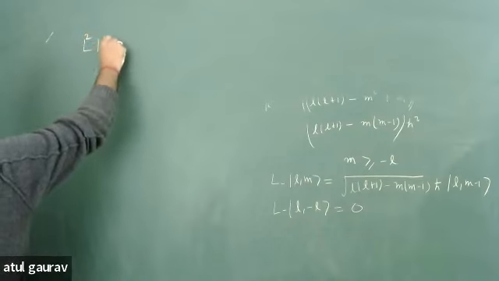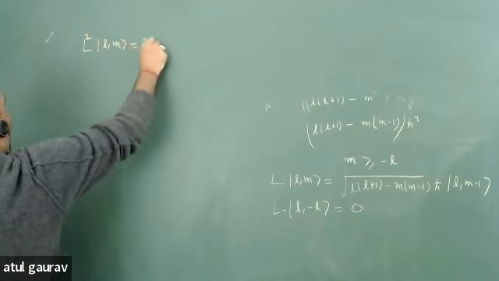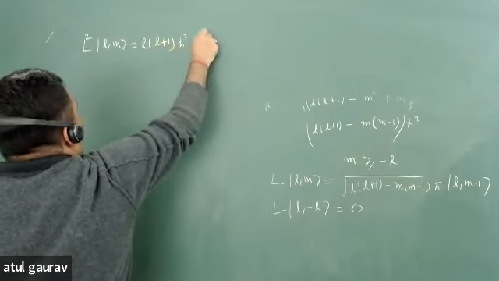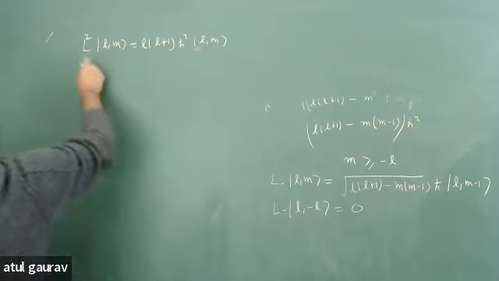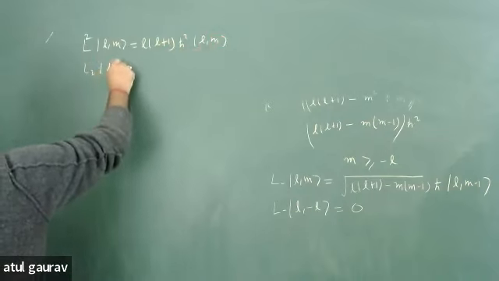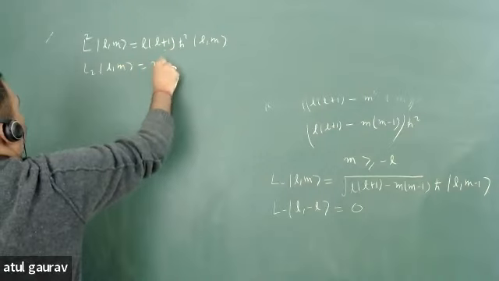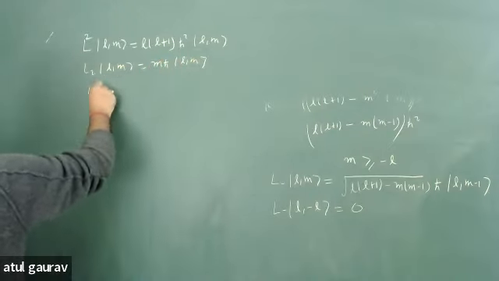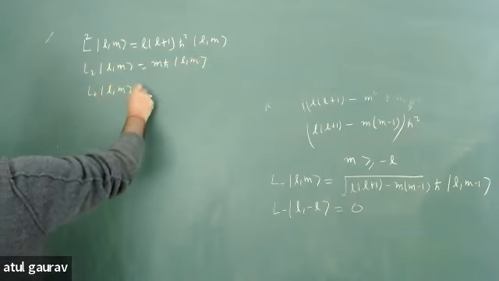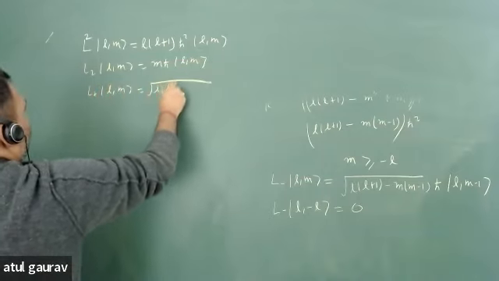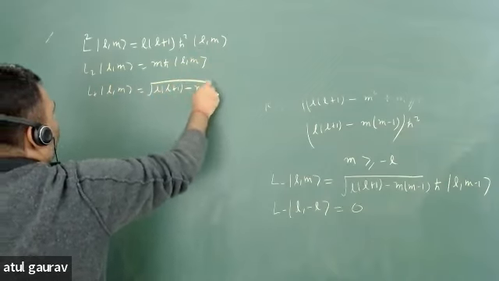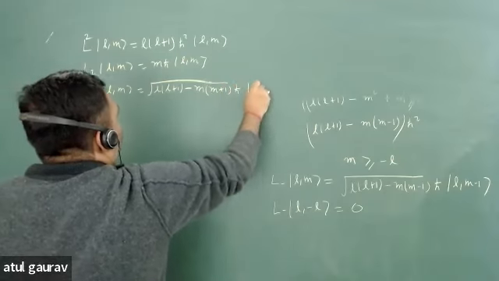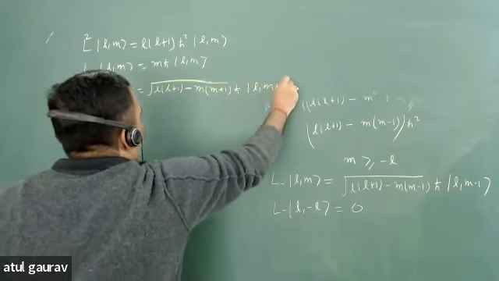So L square Lm is equal to L into L plus 1 h cut square Lm, and you have Lz Lm is equal to mh cut Lm. You have L plus Lm is equal to root under L into L plus 1 minus m into m plus 1 h cut L m plus 1.